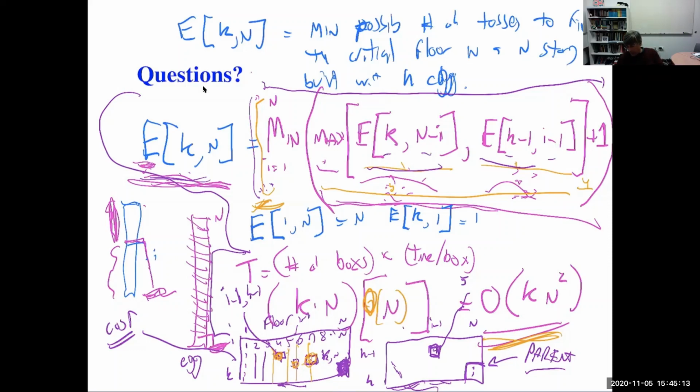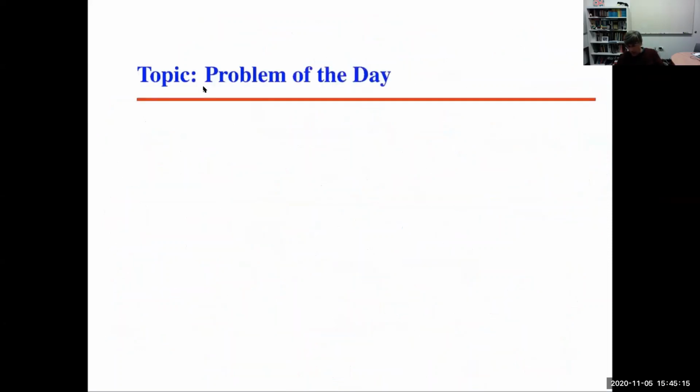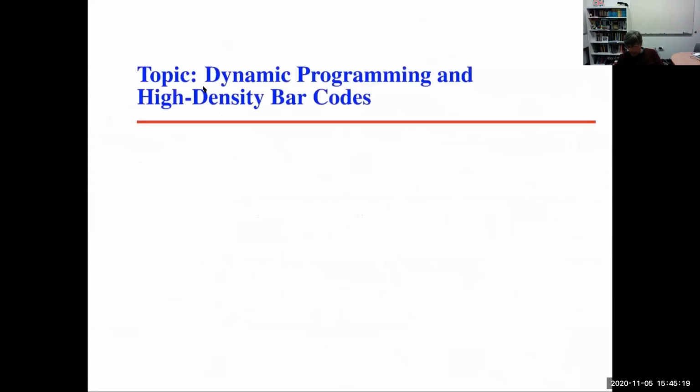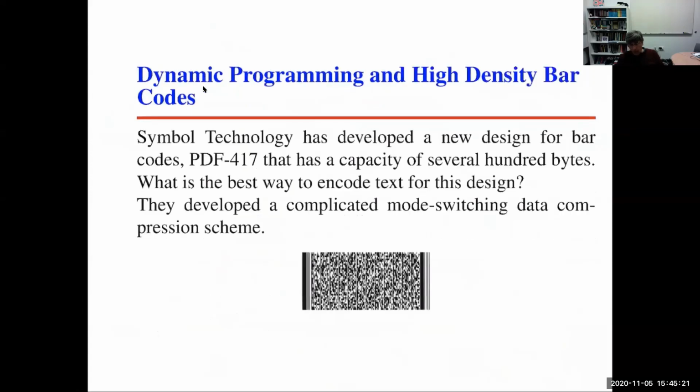Okay, let me give you a simpler dynamic programming problem that I once solved that is actually relevant to your life. Many of you have driver's licenses. Pull out your driver's license.